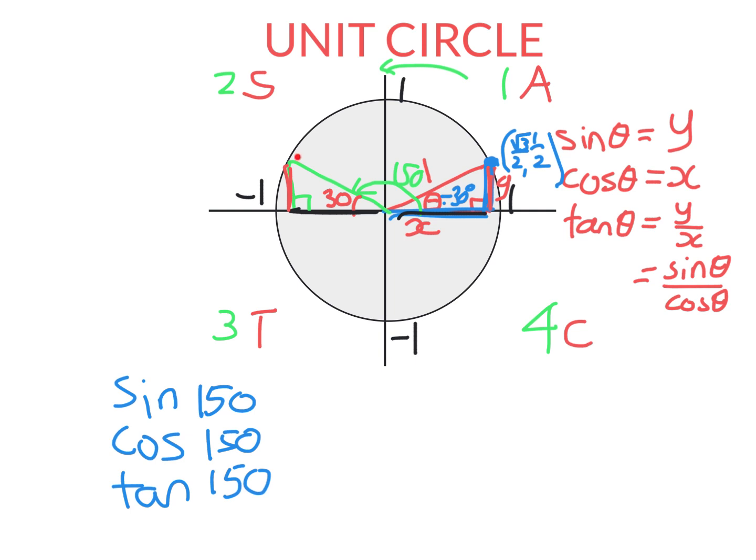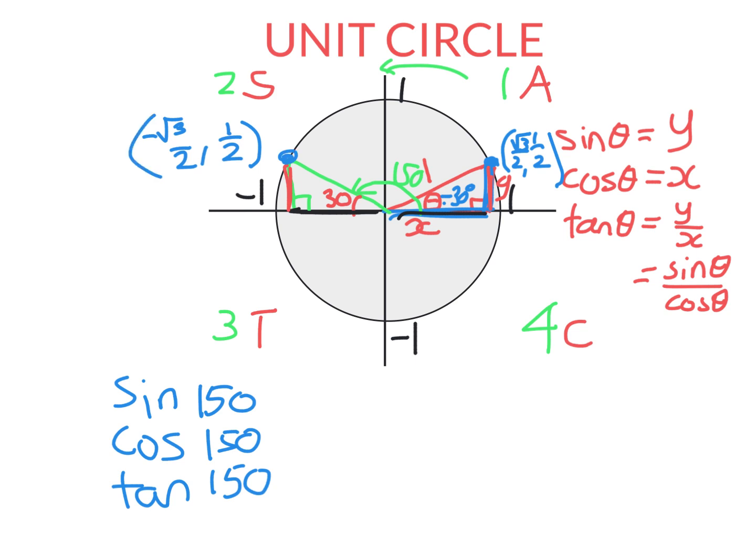So this means if you draw a line here that makes a 150 degree angle with the positive x-axis, it will hit the circle at this point. Now it will have the same y value as this point, so that will be a half, but the x value will be the same, but negative. So that's the coordinates of this point here.